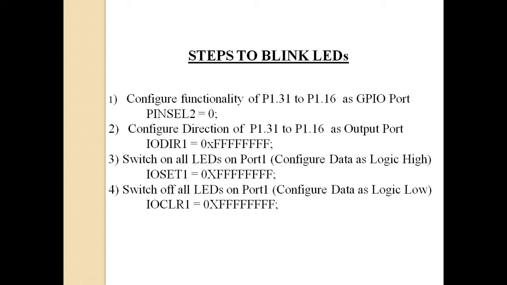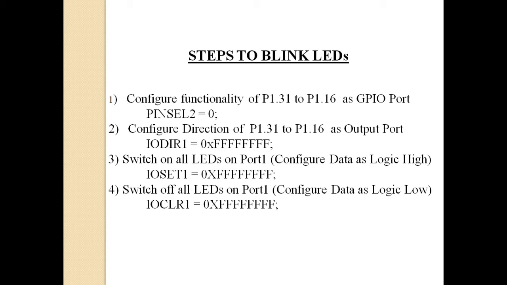Similarly, if you are going to connect a switch to that pin, that pin should be configured as input pin. Why? Because the switch is an input device. So when you are pressing a switch, you are giving a signal from the external world to the microcontroller. So in that case, that GPIO port pin should be configured as input, right?